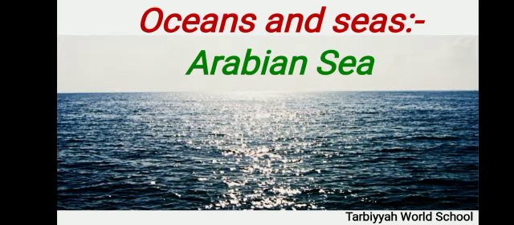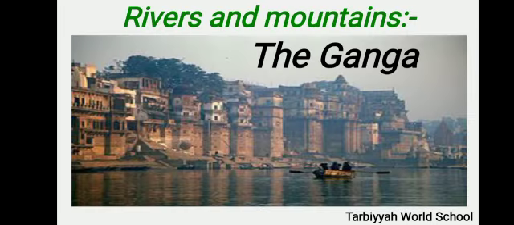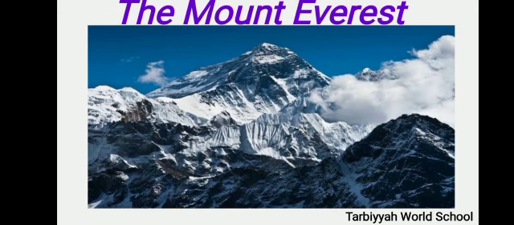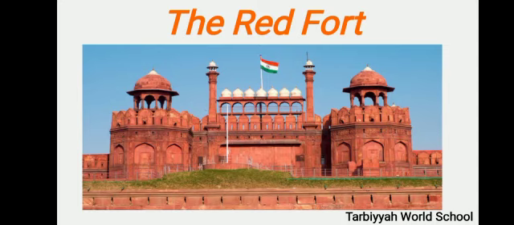For example, the Arabian Sea, the Andaman and Nicobar. Also before rivers and mountains: the Ganga, the Mount Everest. We can put the before famous buildings. For example, the Taj Mahal, the Red Fort.